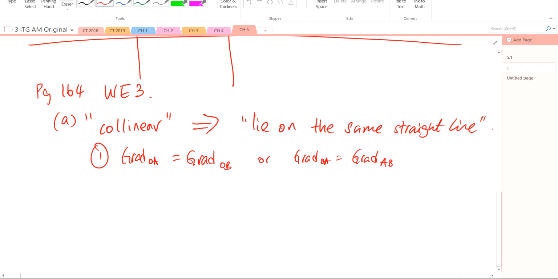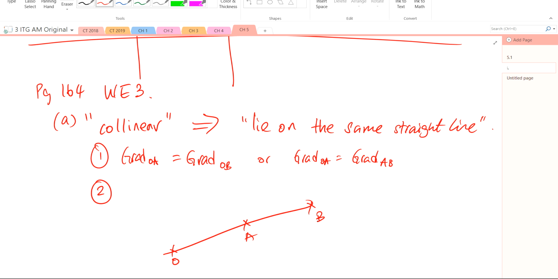Can so far? This is the first point. Second point. We don't want them to be parallel. If 3 points are on the same line, let's draw this out. O, A and B. For them to lie on the same line, the gradient of OA must equal the gradient of OB. Or you can say that gradient of OA equals gradient of AB.